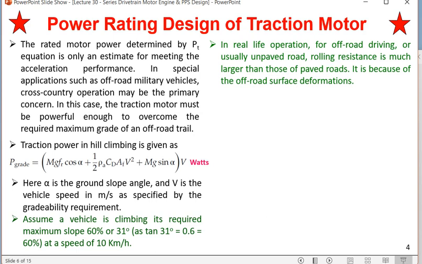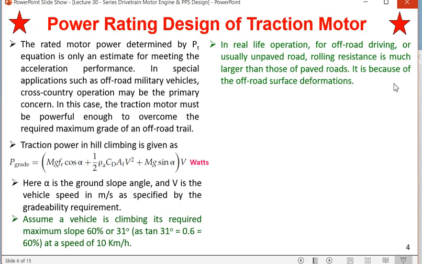So the traction motor should be designed in such a way that it can fetch the best possible power from the vehicle source, and take the vehicle forward through the hill or the climb. In real life operation, for off-road driving or unpaved road, rolling resistance is much larger than on paved road.